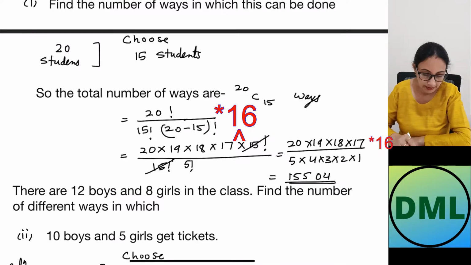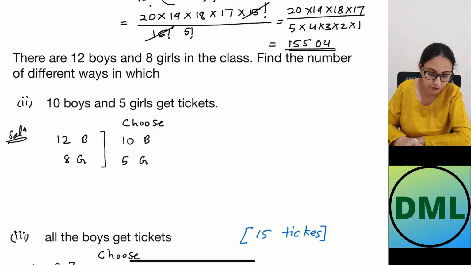Now, there are 12 boys and 8 girls in the class. Find the number of different ways in which 10 boys and 5 girls get tickets. So out of 12 boys, 10 boys will get the tickets, and out of 8 girls, 5 girls will get the tickets. So we have 12 boys and 8 girls, and we have to choose 10 boys and 5 girls.